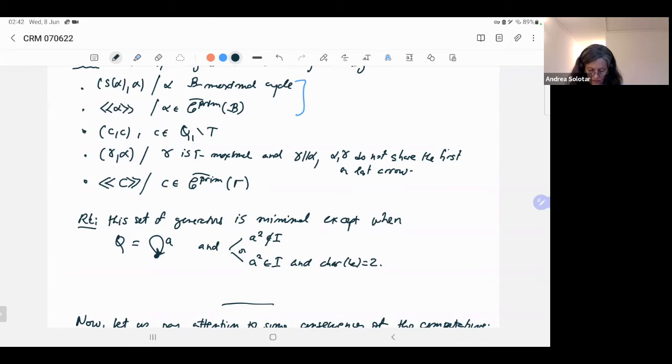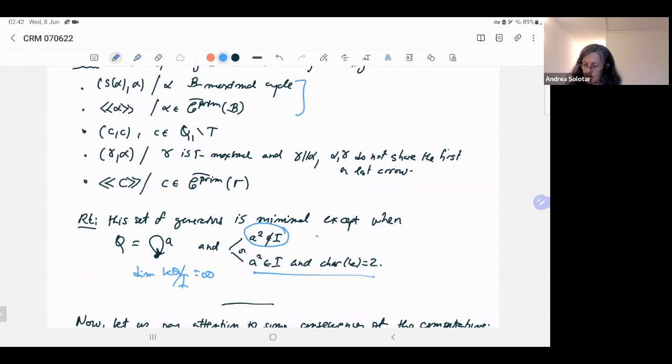Because if we skip the case in characteristic 2, we also consider when A squared is not in the ideal, meaning that the dimension of the algebra KQ over I is infinite. And why is the set not minimal in this case?